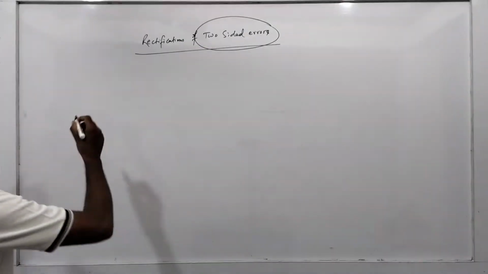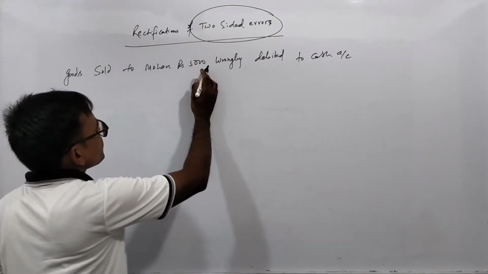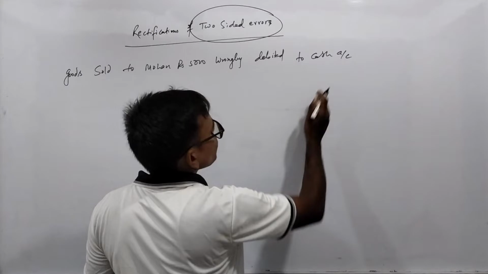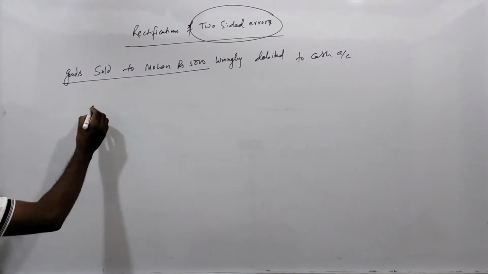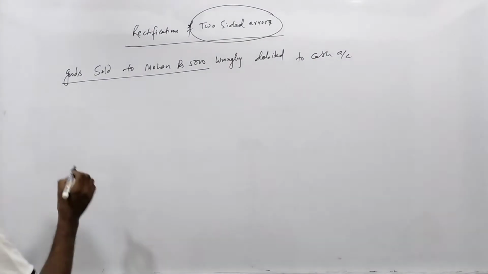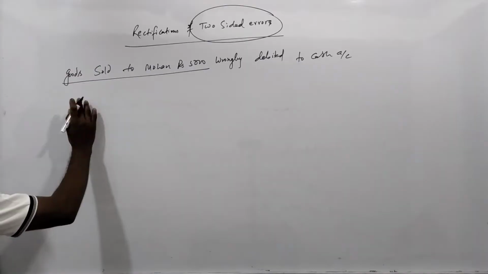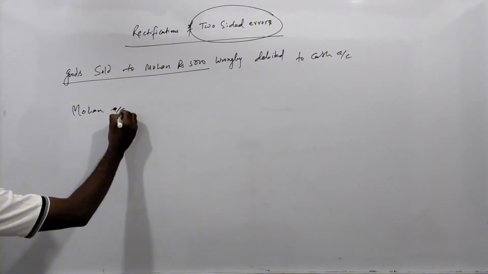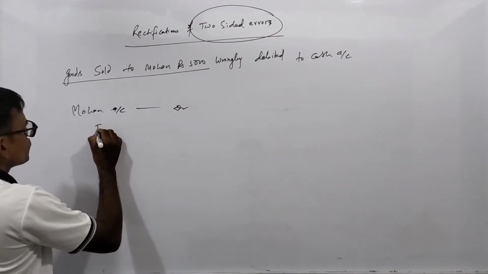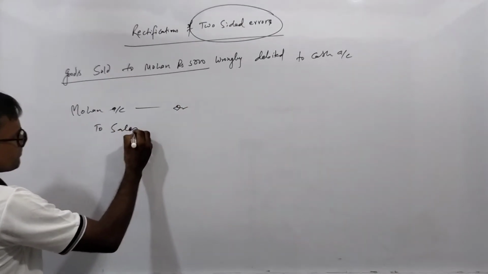See the example: goods sold to Mohan rupees 5,000 wrongly debited to cash account. Actually, goods sold to Mohan rupees 5,000. What will be the real journal entry? Mohan account debit to sales account.